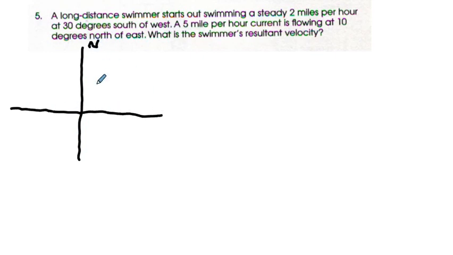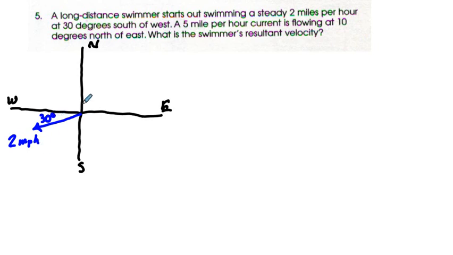Here's north up here. We have west over to the left, east to the right, and south down. And so we're swimming 2 miles per hour at 30 degrees south of west. So there's 2 miles per hour, and this is going to be 30 degrees right here.